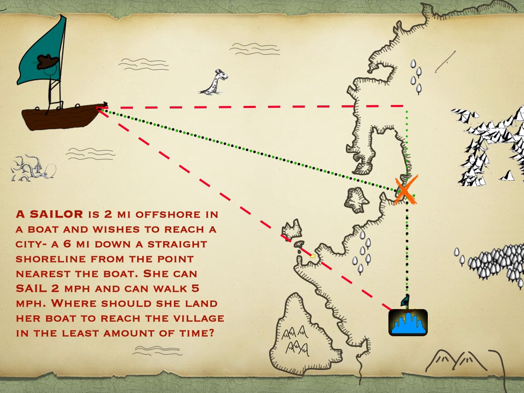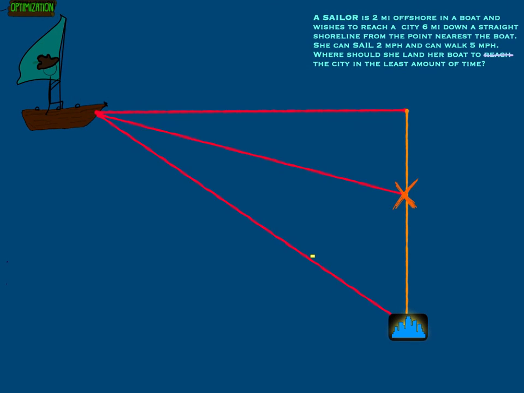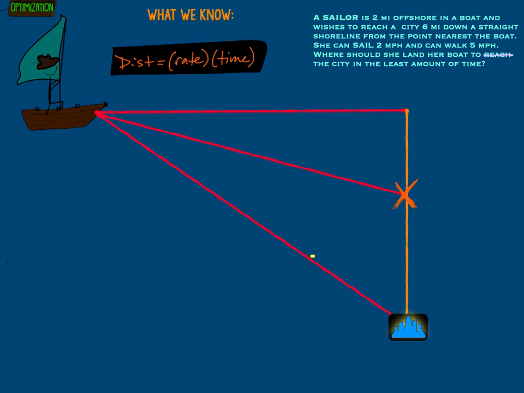So we need to figure out the lengths of those two lines. So what we know so far, we know the distance is equal to rate times time, always. And we know that that right there is 2 miles until she could land on land. We know that over here it's 6 miles from that point down to the village or the city.